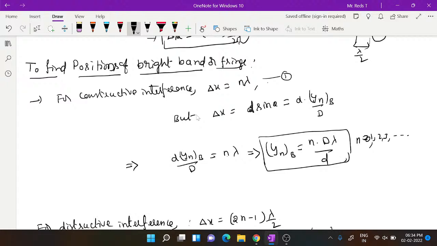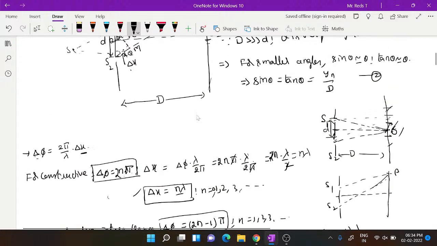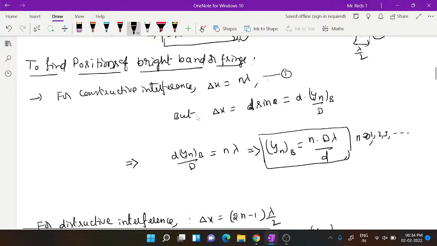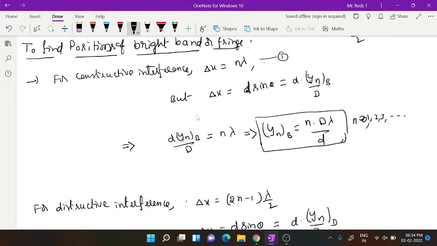But also we have discussed here, by symmetry, this path difference delta x is also equal to d sine theta.